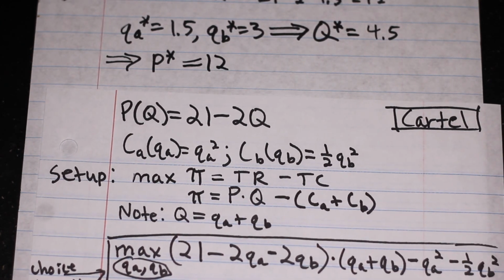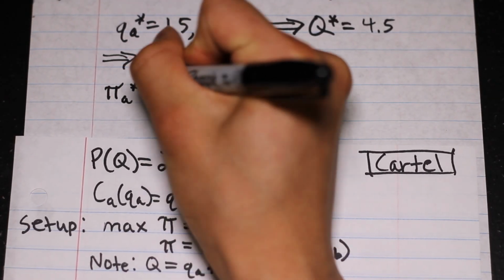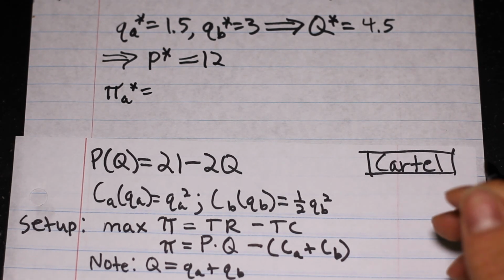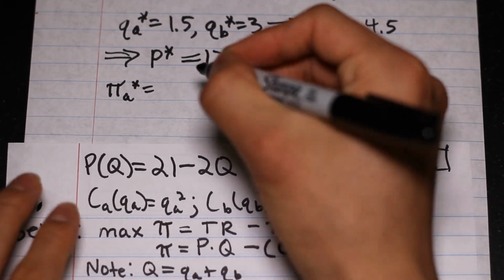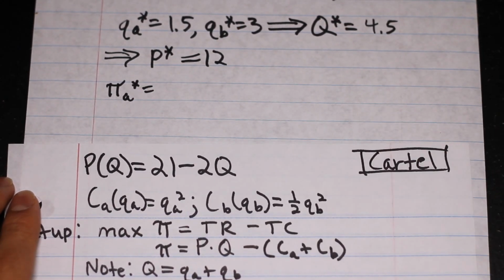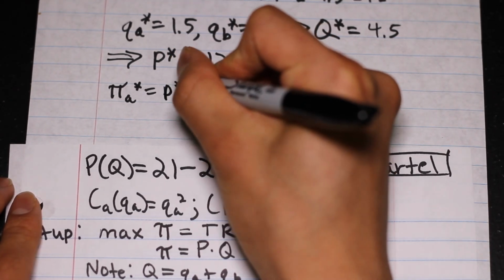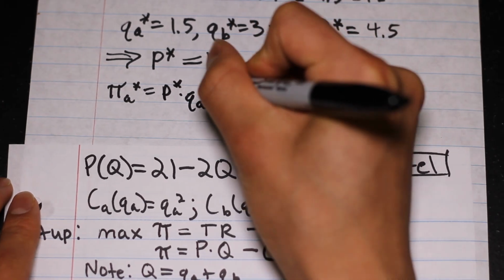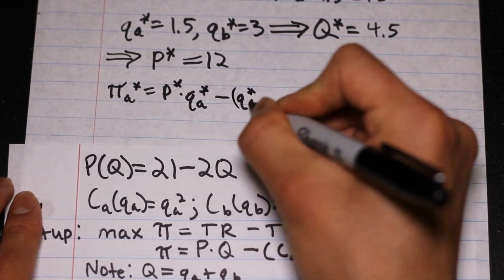And then we can even find individual firm profits. So, for example, the profit of Alex's firm, given that the cartel splits the profits according to how much each cartel produces. If it doesn't, say it gave all the profits to Bob, then, throw this out the window. But that is given by, once again, Alex's profits, total revenue minus total cost. In other words, total revenue, this, of Alex minus total cost of Alex squared.